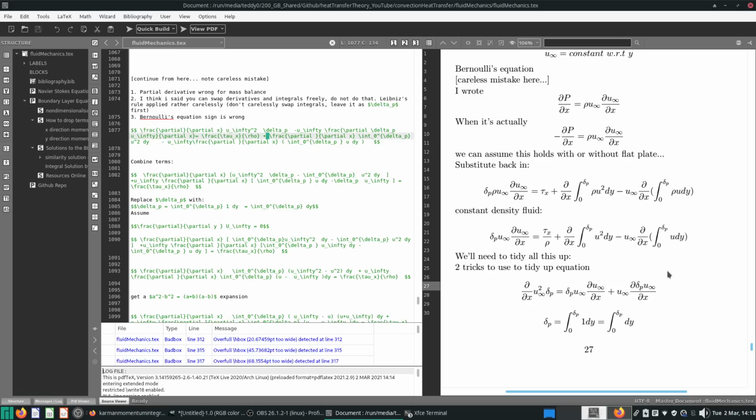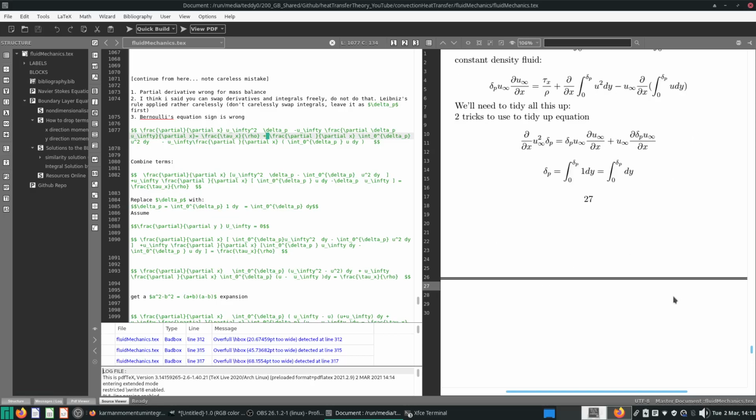So what were the tricks I used to tidy up the equation? Well, first is using this product rule thing, to replace this side with another expression so that it will fit whatever is on the right hand side. So that's what I did in the last video.